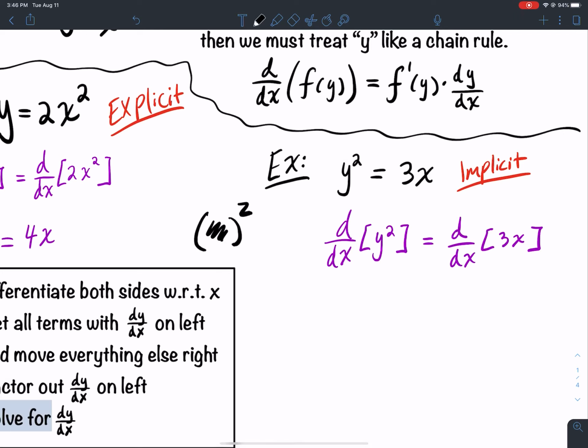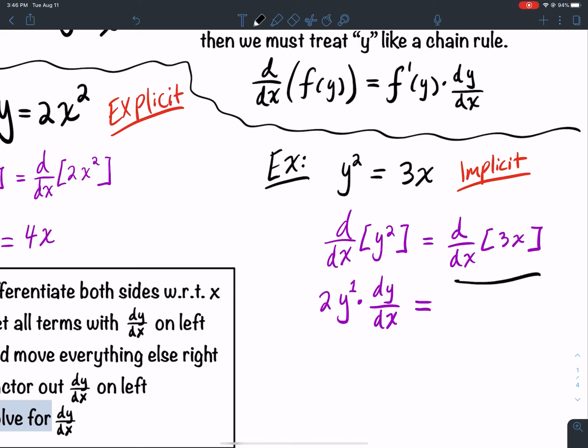How do I take the derivative of something squared? That's 2 times something raised to the 1 times the derivative of the something, okay? So what do I get? I get y and then bring the 2 out front times something. What's the derivative of the something? The derivative of y with respect to x is dy dx.